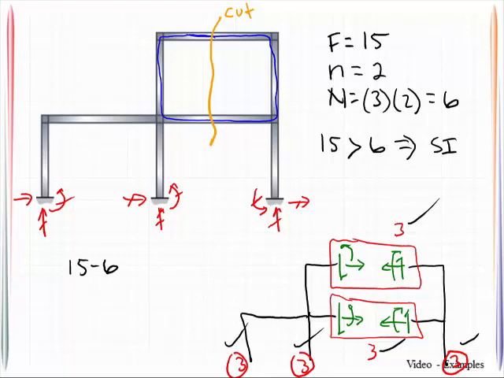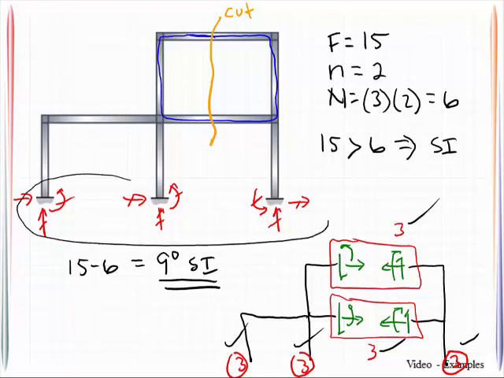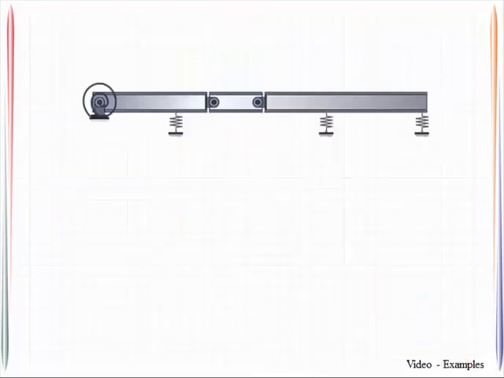And 15 minus 6 is equal to 9 degrees statically indeterminate. We are stable on this because all of our reactions are not parallel, and they definitely are not all concurrent.